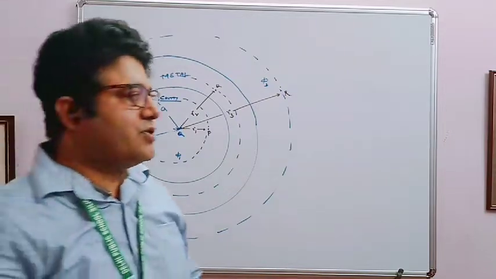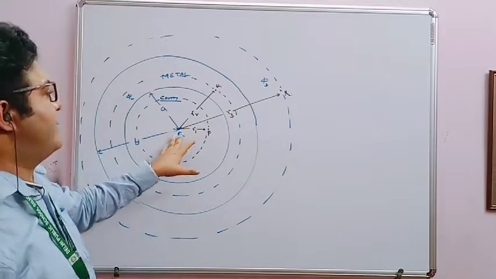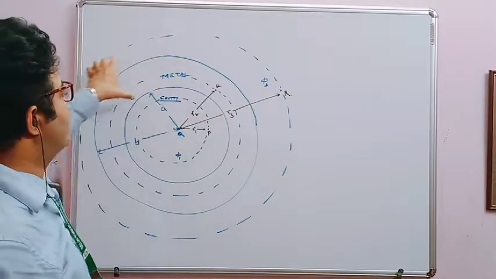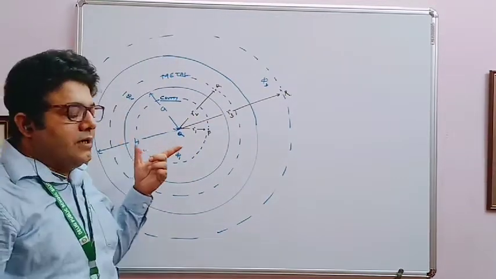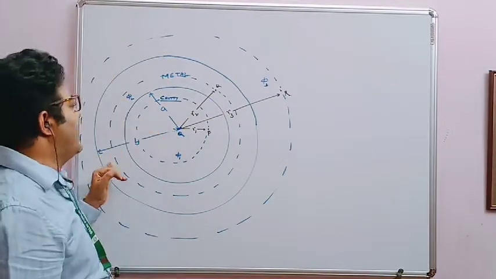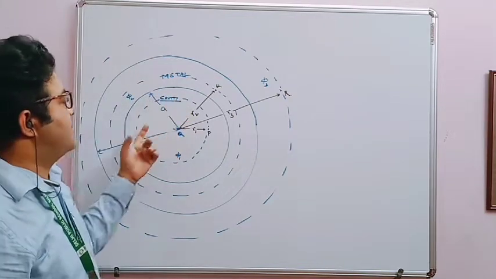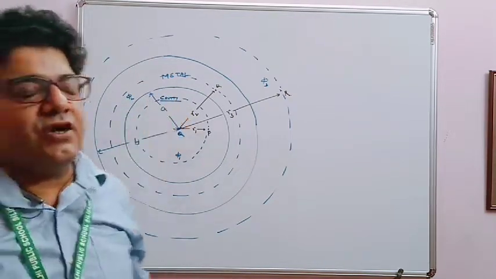So I repeat the question. A point charge Q is given at the center, which is enclosed by a metallic sphere whose inner radius is A and outer radius is B. In between, the space is a cavity or air.